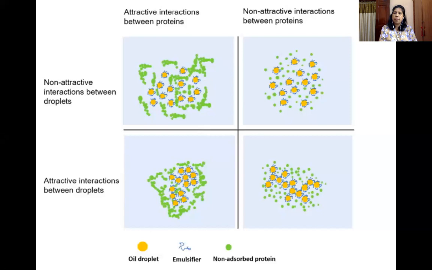When you compare these four pictures, you can see four types of systems. Here we are not talking about the oil or the water, but about how the protein, lipids and emulsifiers work, as shown in this picture.